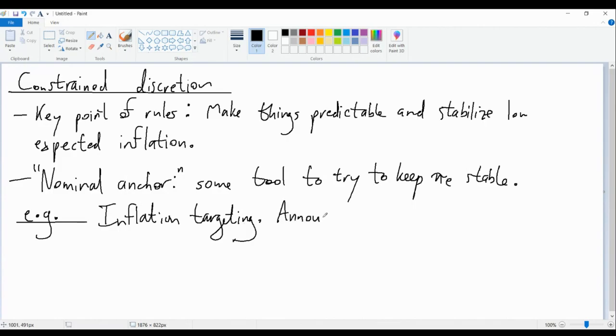The first part is that you announce that your monetary policy is going to try and hit a particular inflation target. Let's say 2%, which is actually their inflation target. So that's part one. Part two, you do everything you can to try and hit the inflation target.